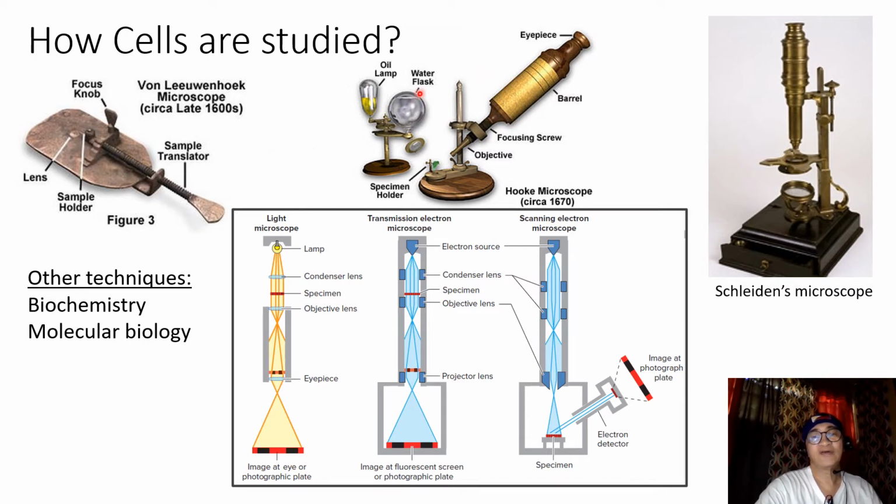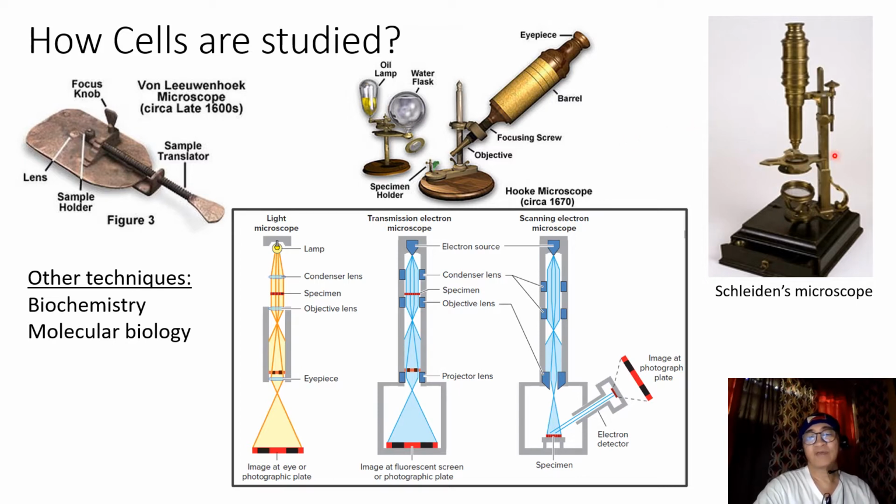And here you have the microscope of Robert Hooke, who was a professional scientist, a biologist who peered through many tissues, and one of the tissues that he studied was the cork tissue. He coined the word cell when he looked at cork cells that were made of tiny little rooms.